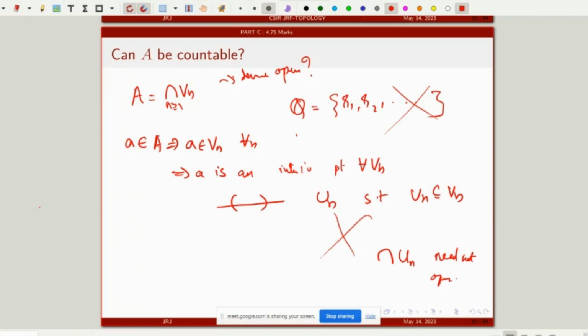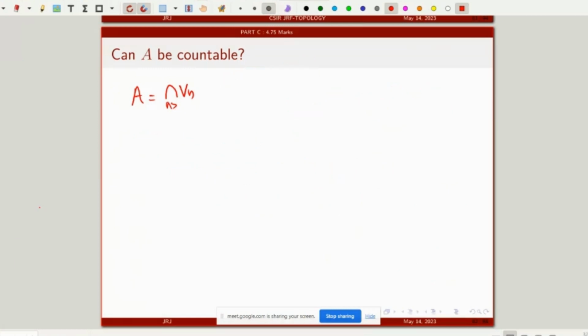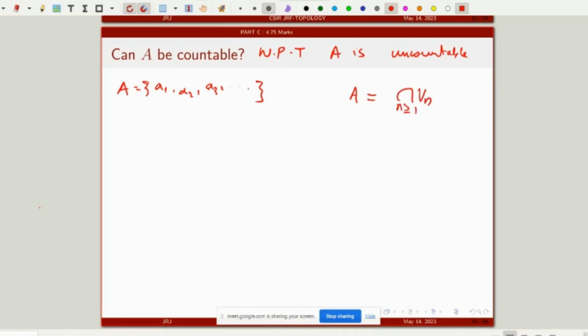Then what else can we think? What if A is countable? If A is countable, then we can give an enumeration for A. We have to prove that A is uncountable, so suppose, if possible, we assume that A is countable. Then we can write A as {a1, a2, a3, ...}. Also we know that A is equal to the intersection of Vn, where n is greater than or equal to 1.